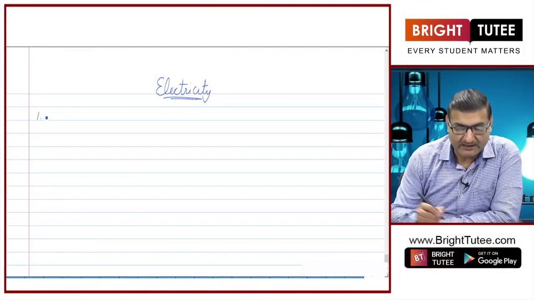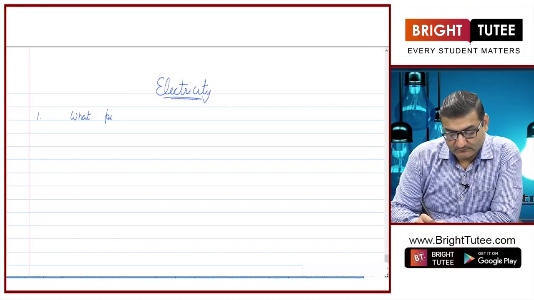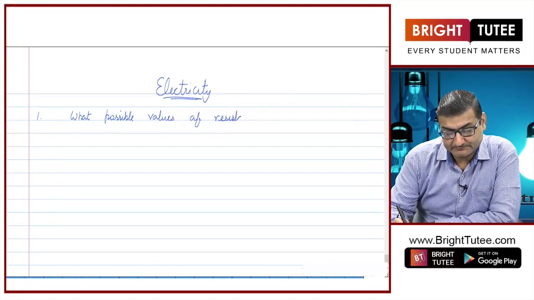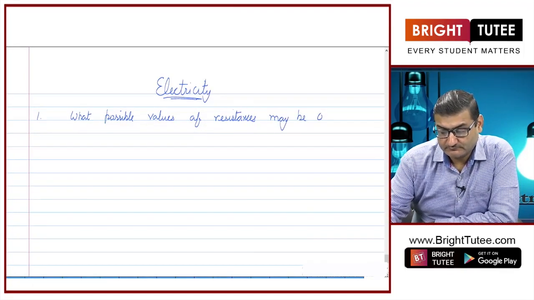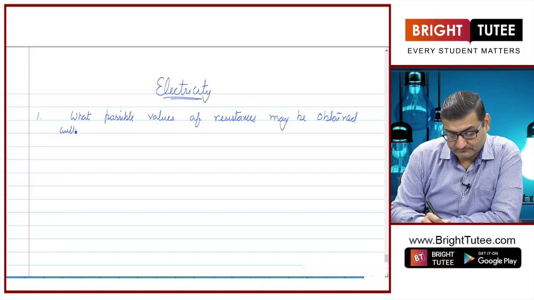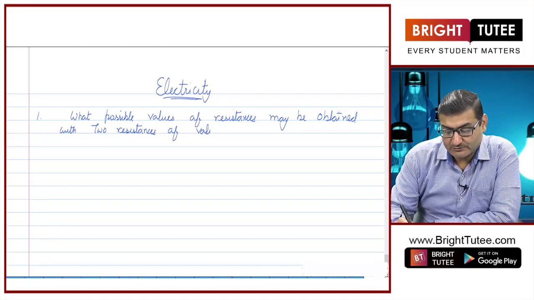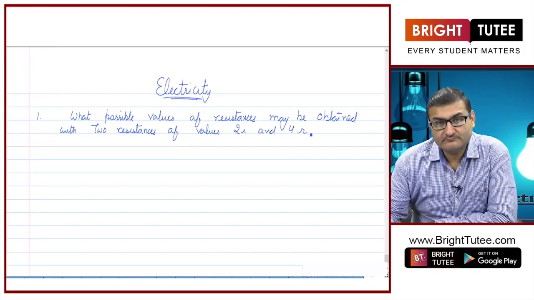The first question that will be given to us is what possible values of resistances may be obtained with two resistances of values 2 ohms and 4 ohms, right.